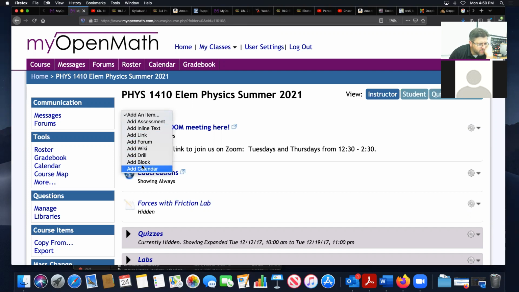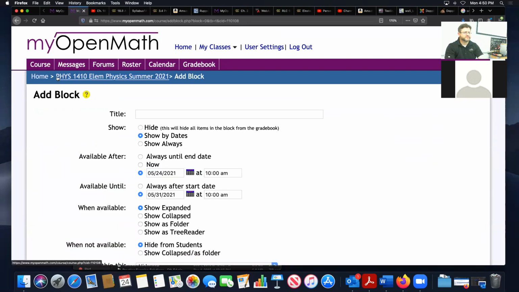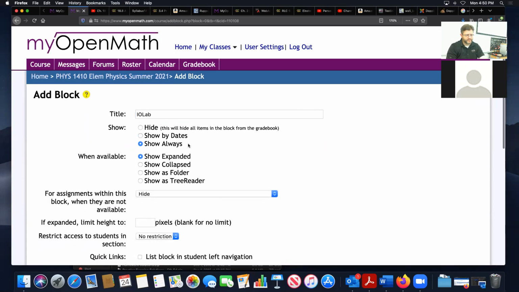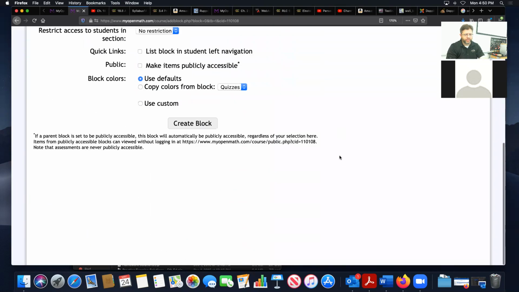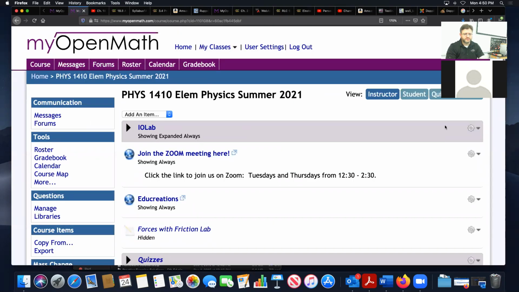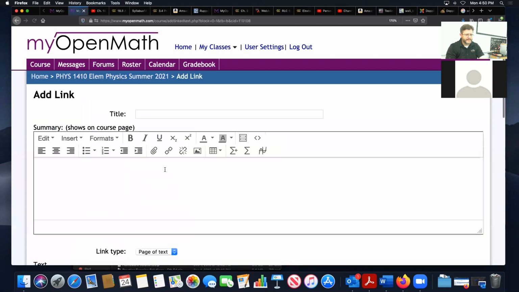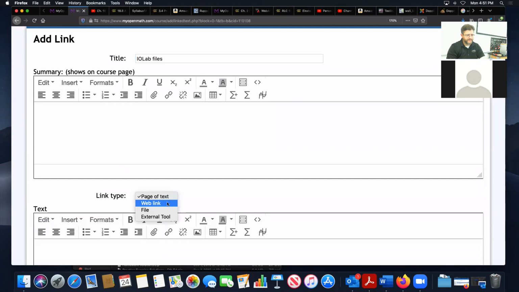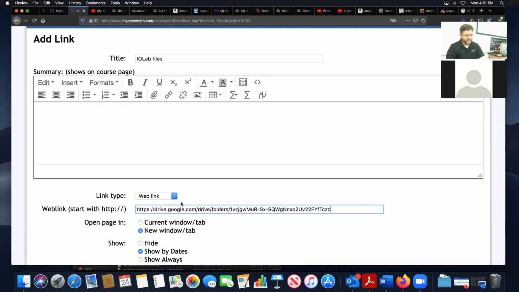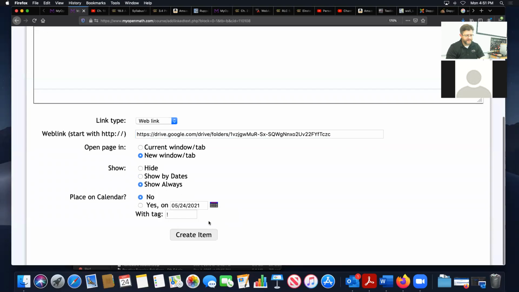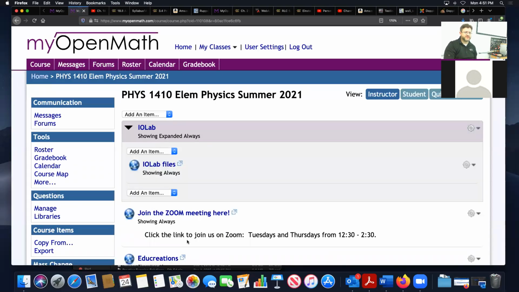Add a block. Okay, so now it should be in there.